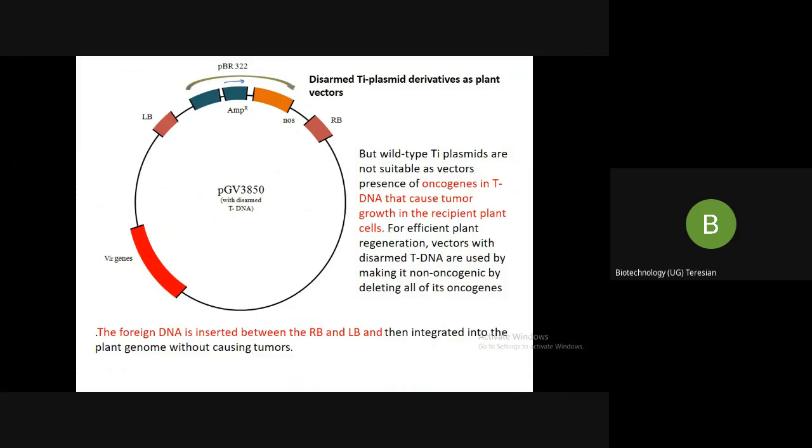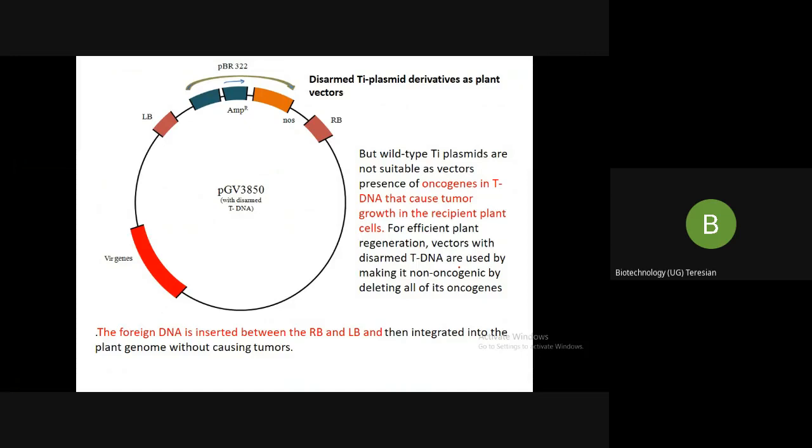So this auxin and cytokinin are called oncogenes because they induce the tumor in your recipient plant. For efficient plant regeneration, vectors with disarmed DNA are used, made non-oncogenic by deleting all of their oncogenes. So, if I want to bring about an effective regeneration of my recipient plant without causing any tumor in that plant, it becomes essential for me to remove these oncogenes, that is your auxin and your cytokinin.